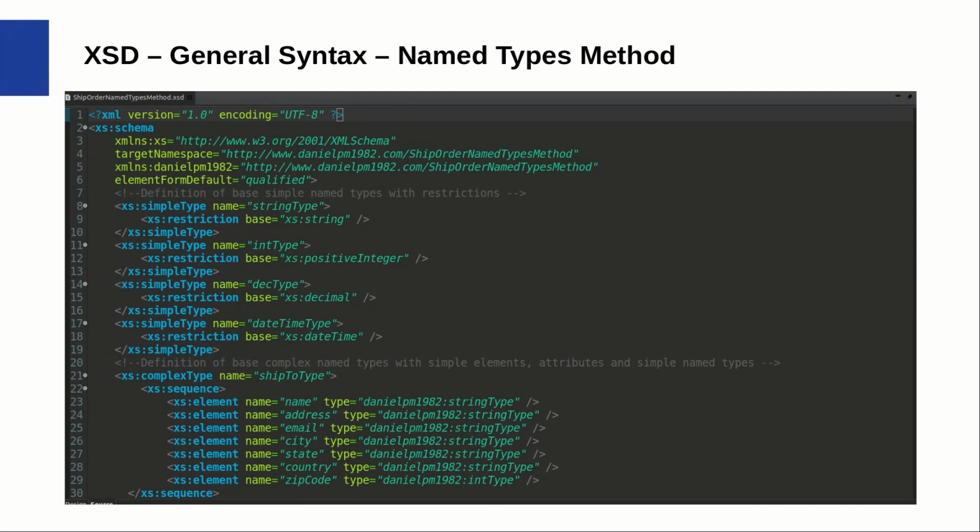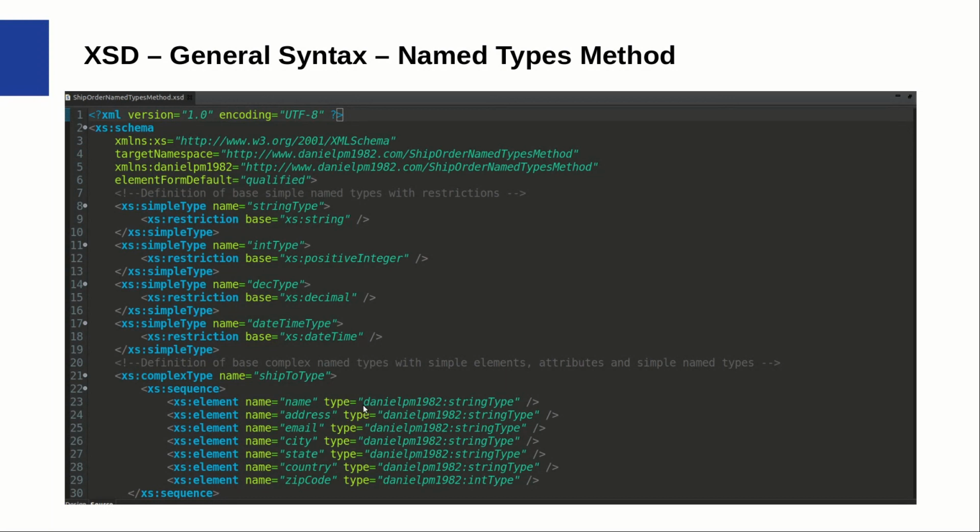And still regarding the declaration methods, we have the one I believe is the most used, and the one I prefer, which is the named types method, in which the difference from the last one is that instead of global elements, we declare global types.